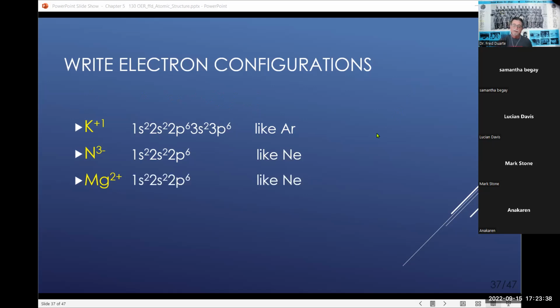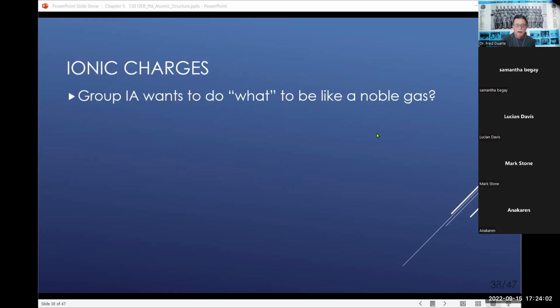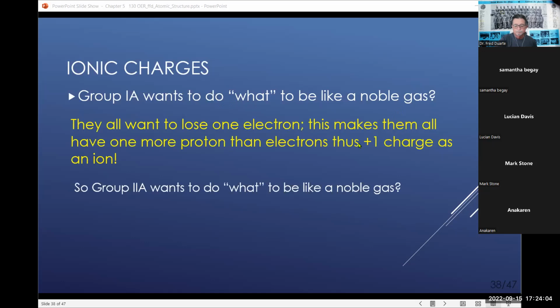And the magnesium ion will have the same electron configuration as the nitride. In both cases, notice the nonmetal and the metal, they lost and gained electrons, so they have the same electron configuration as a noble gas. Okay. All right.